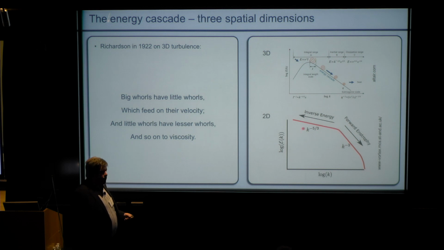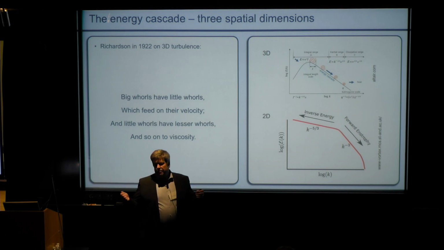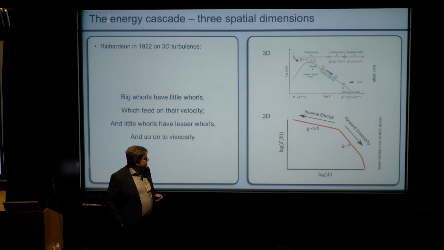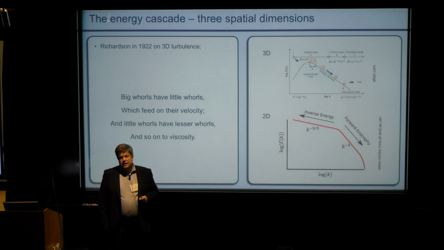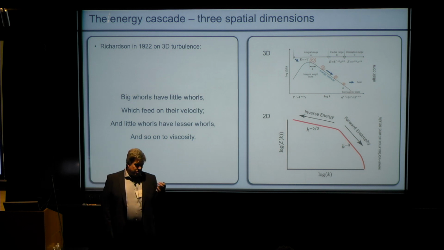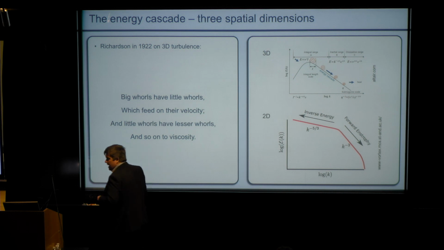So you have energy flow one way and vorticity flow the other way. I'll give you a definition of the entropy on the next slide, because it will appear again later. The fact that the energy here flows to longer length scales is the reason that tornadoes and thunderstorms can form. Otherwise, they would just collapse and never be able to grow.